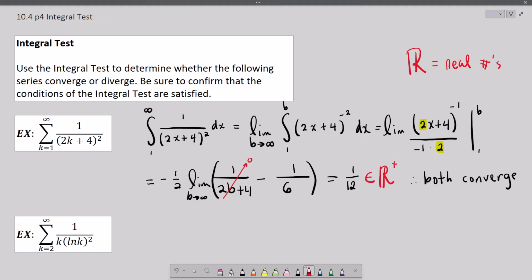Sometimes it's going to be this number is bigger than 1, therefore something. Sometimes it'll be this number is less than 1, therefore something. So just here with the integral test, all that's important is that it's a positive real. And if it's a positive real, the integral converges, which means the series converges. So we just want to identify what it is about this number that's telling us what's convergence. And all it has to be is a positive real. And therefore, both are going to converge.